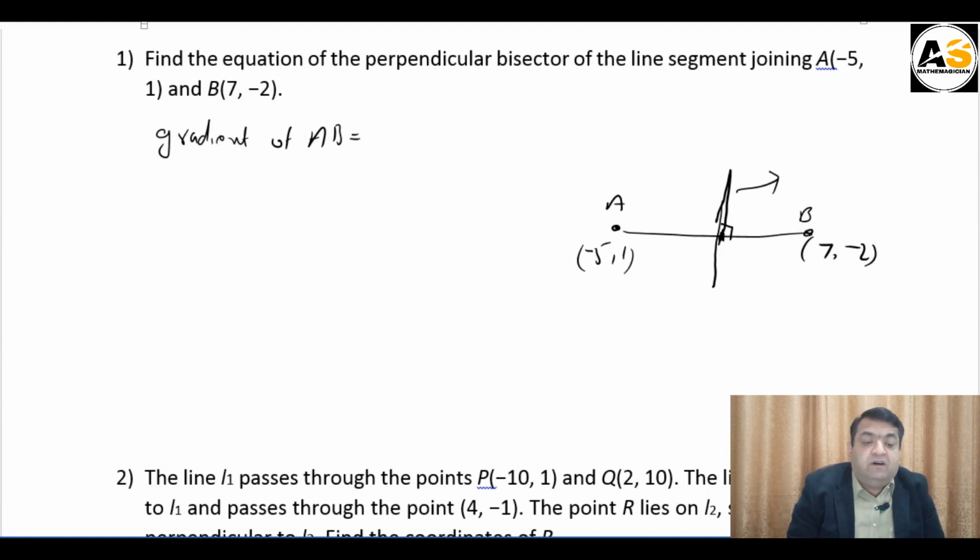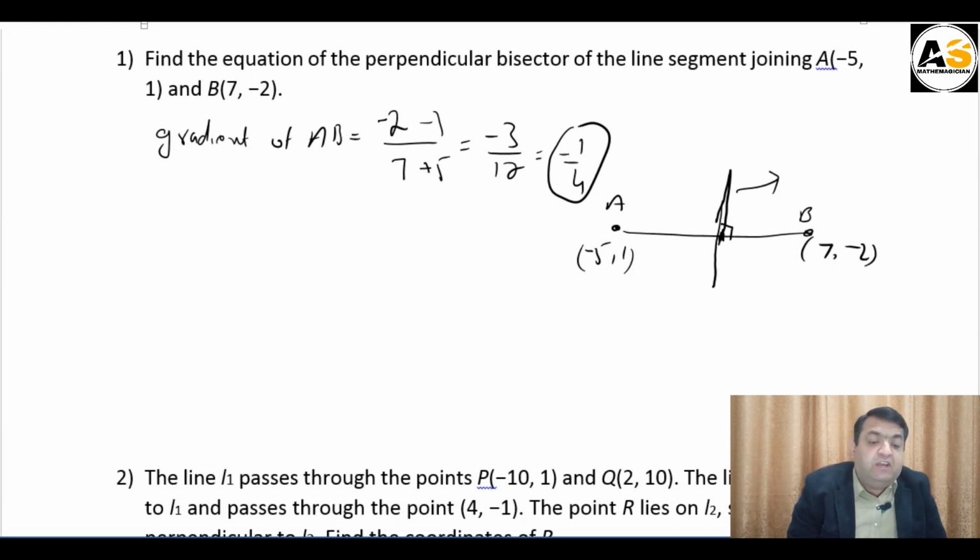AB has 2 points x1, y1, x2, y2. So this will be y2 minus y1 over x2, which is 7, minus x1, which is minus 5. This will be plus 5. This will be minus 3 over 12, or minus 1 over 4. This is the gradient of AB.